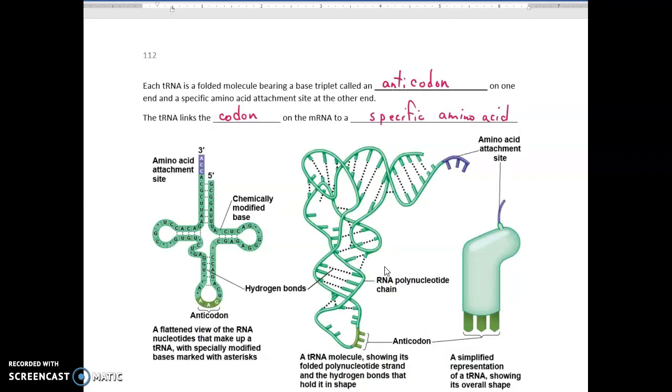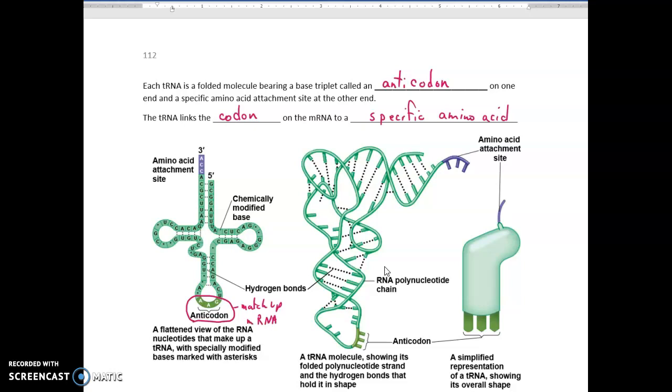And we have here 3 different representations of tRNA. All 3 of these are tRNA. The first just shows its sequence. It ends up kind of in 3 big loops. The most important parts are this anticodon. This is the part that's going to match up with the messenger RNA, okay?